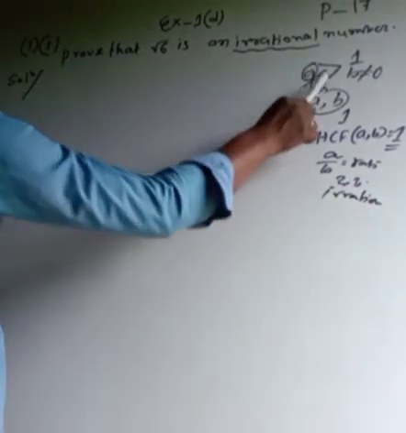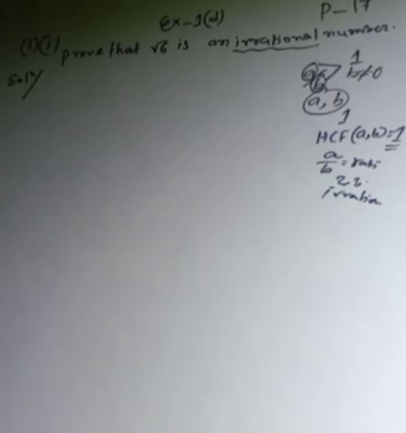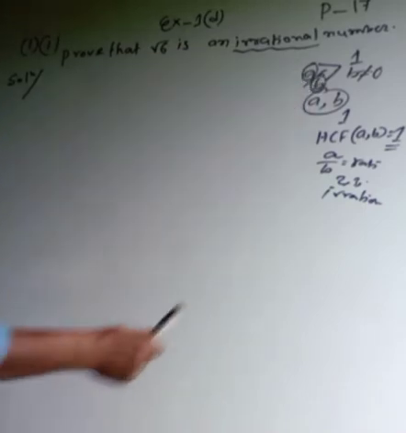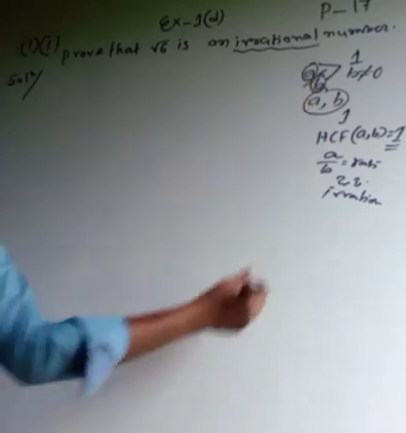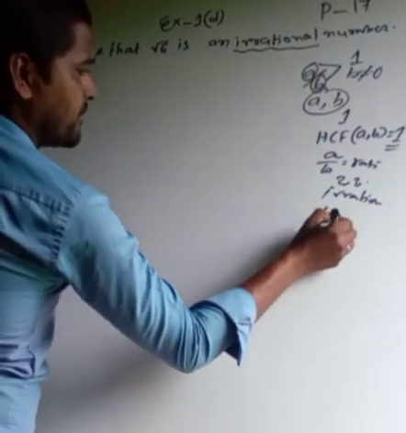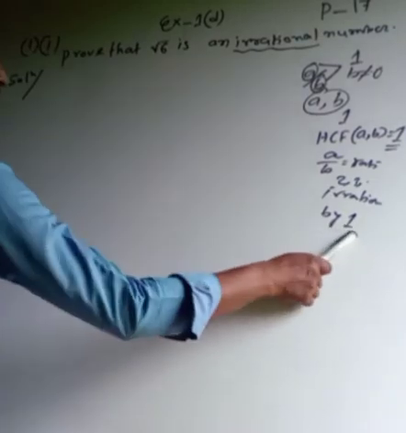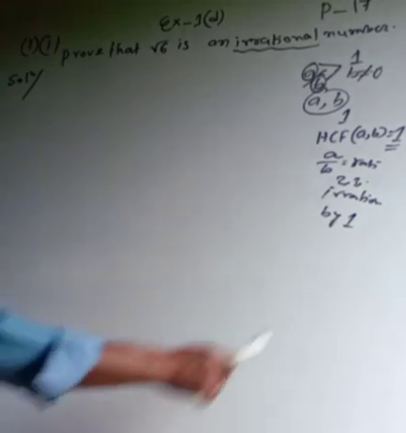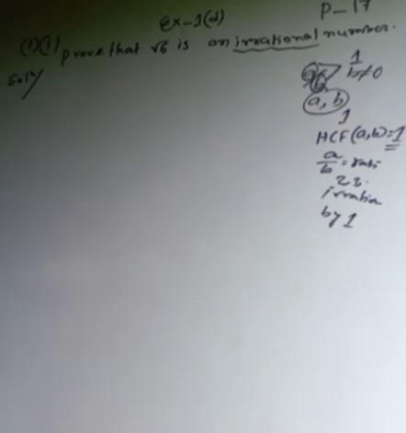So the main thing is this a by b form: we can divide this a and b only by 1. If we can divide by any other positive integer, then we can say this is an irrational number.